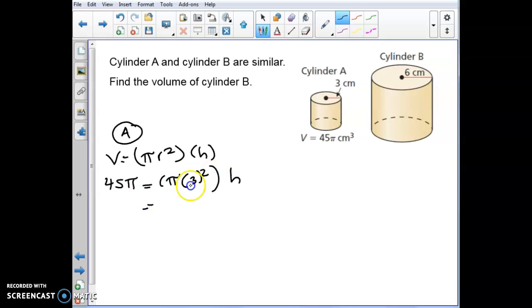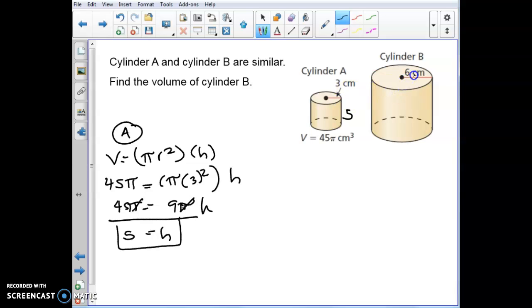So this will become 9 pi h is equal to 45 pi. If we cancel pi on both sides and divide both sides by 9, then h is equal to 5. So that means the height of cylinder A is 5.